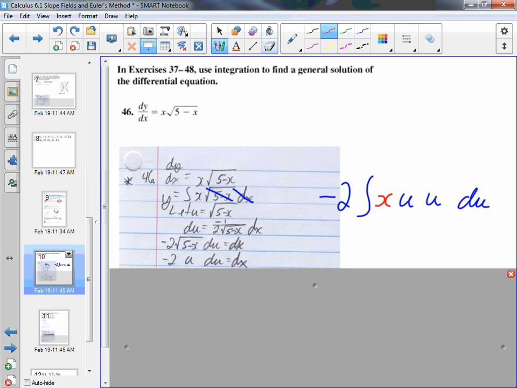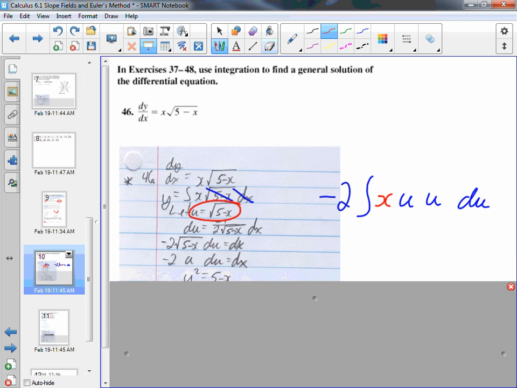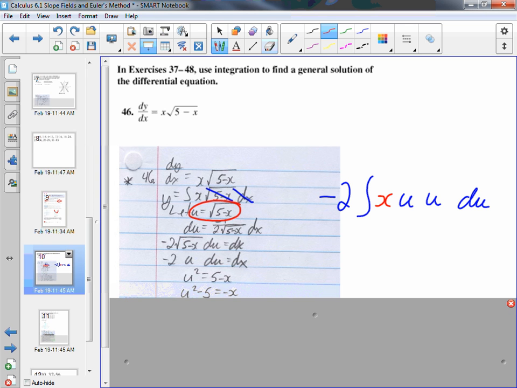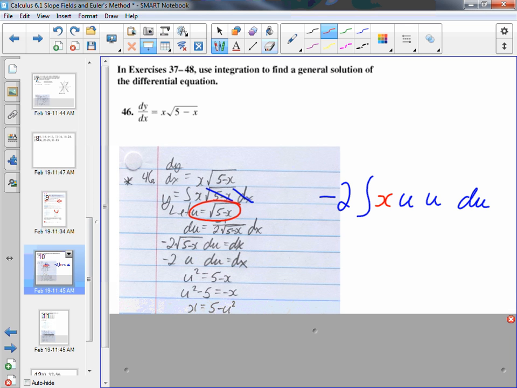Charlie? Go back there, solve it for x. So, square both sides. Subtract 5 from both sides. Multiply both sides by a negative 1.